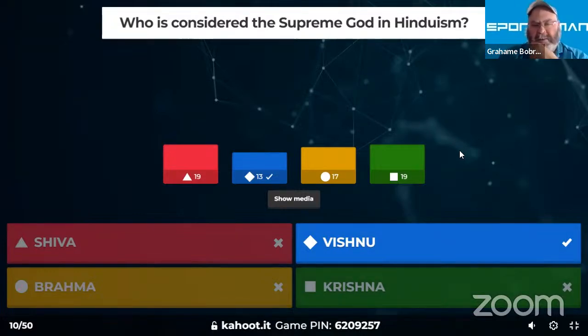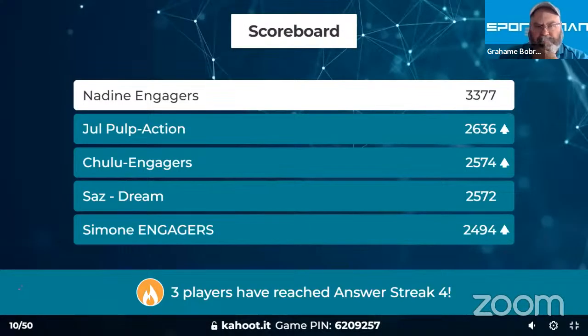And it's good to see that it doesn't look like too much Googling is going on. So, well done. Let's see how the leaderboard looks. Nadine starting to make her mark here from the Engagers. That looks like Jewel from Pulp Action has moved up nicely. And 3 of you have got a winning streak of 4. So starting to come together. That's number 10 of 50 and the end of the quickfire round.